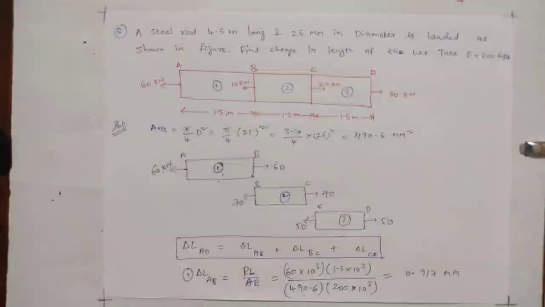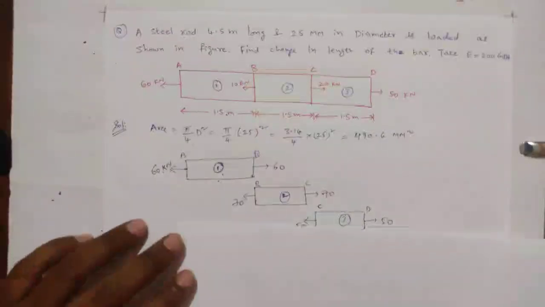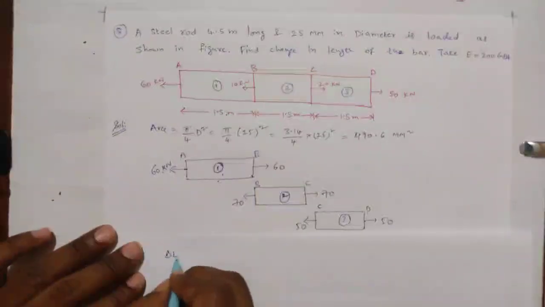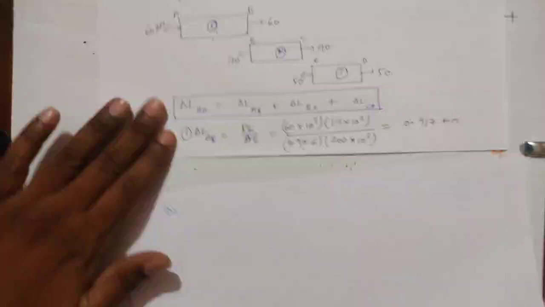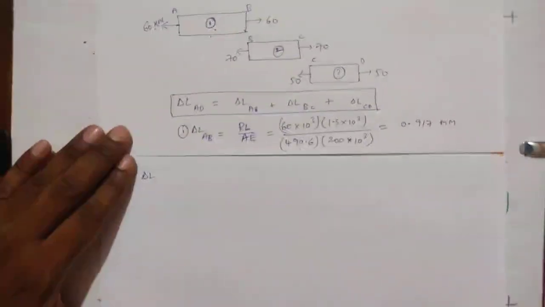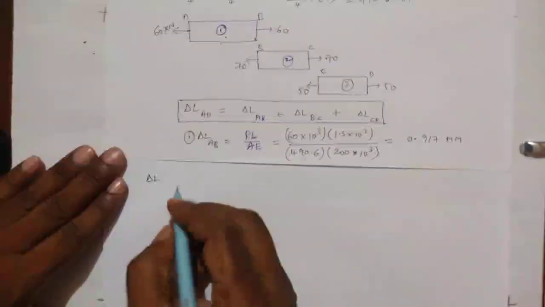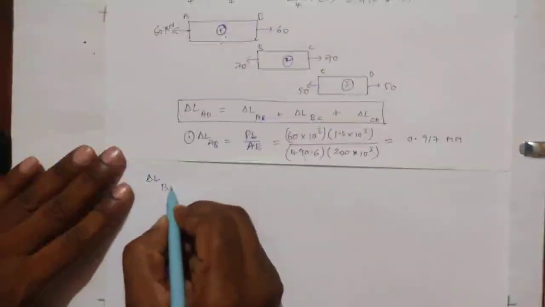Similarly, we need to find out delta L. Here I have found delta L of AB. Now I will find out delta L of BC.